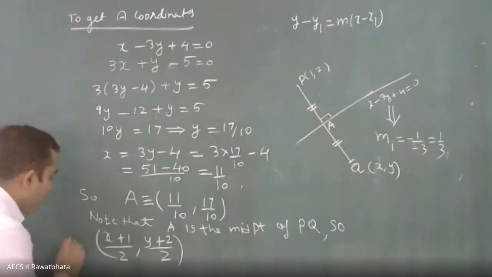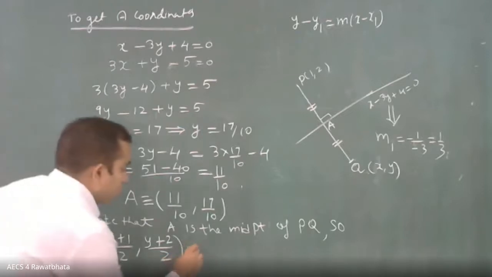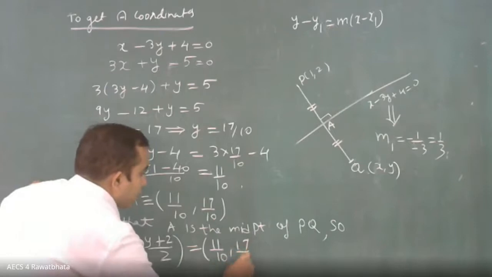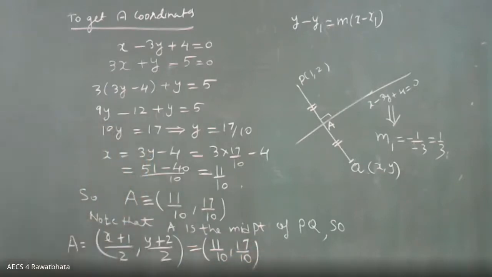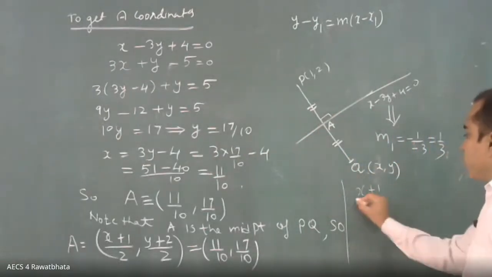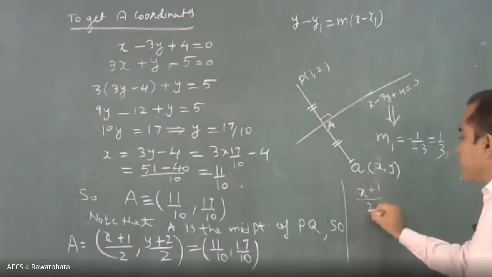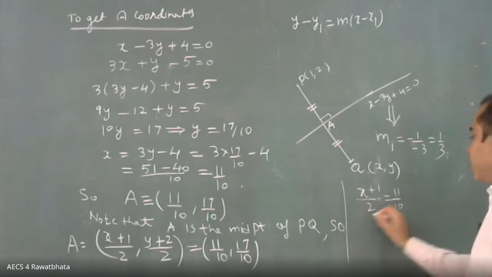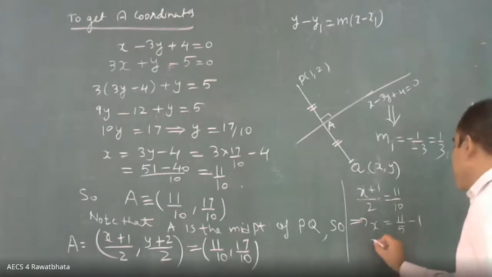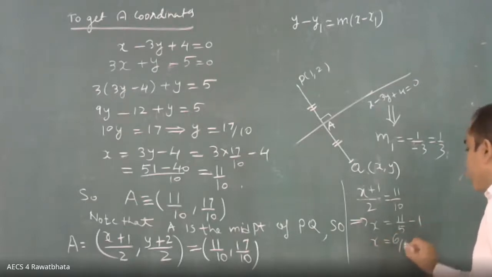This will be capital A coordinates by section formula, and this will be equal to the coordinates which I have already got by the point of intersection method, and then I'll equate the respective values. So let us equate and get. So (x + 1) whole by 2 is equal to 11 by 10. So it means x equals 11 by 5 minus 1. So x equals 6 by 5.